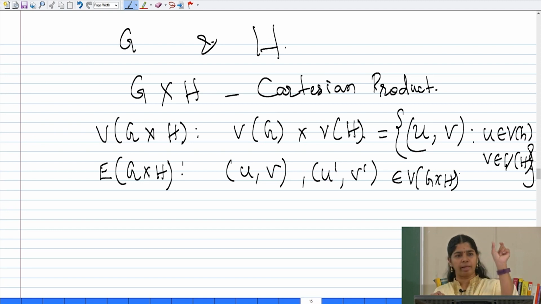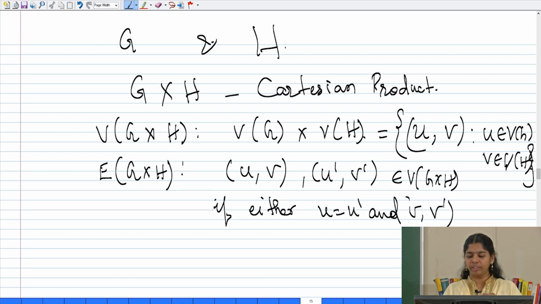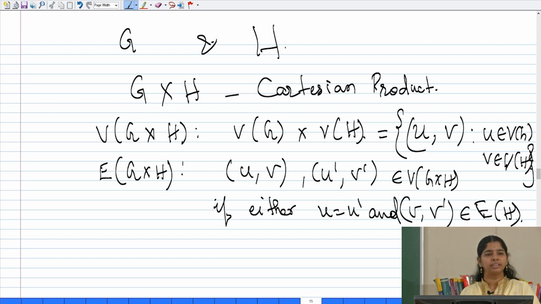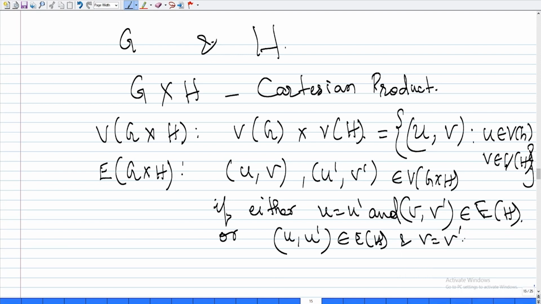Now, each vertex is a pair, right? Each vertex is a two-tuple. So, an edge exists if either u is equal to u prime and v is adjacent to v prime, that is, v prime belongs to the edge set E of H, or u prime belongs to the edge set of G and v is equal to v prime, right. So, this is the condition that we put.